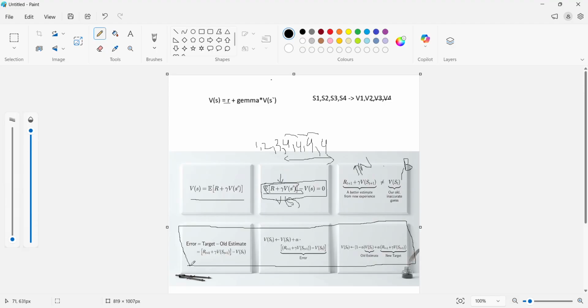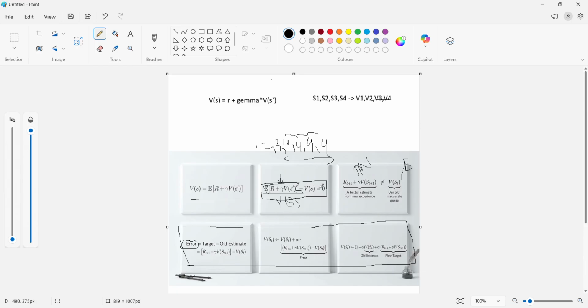Basically, for each v of s, we try to find the error first. What is the error? This is exactly the same thing. We try to find whether our old estimate is different from our current estimate. How do we know if it is different or not? If it is the same, then the subtraction of them is going to yield 0.